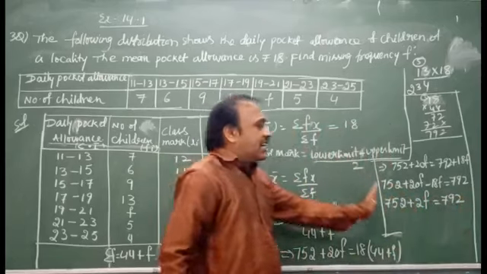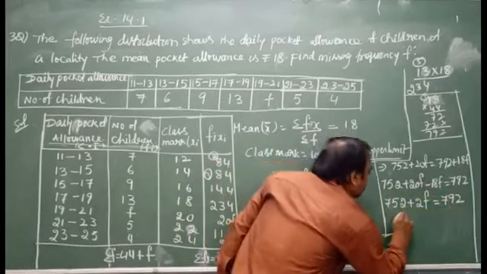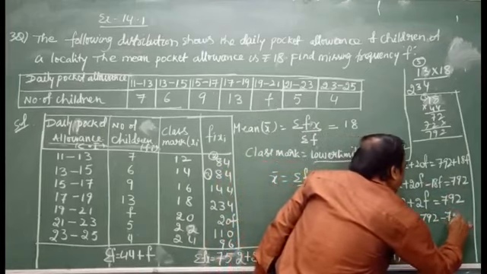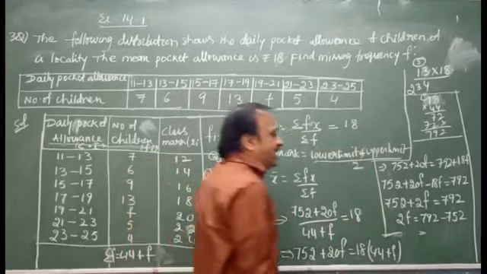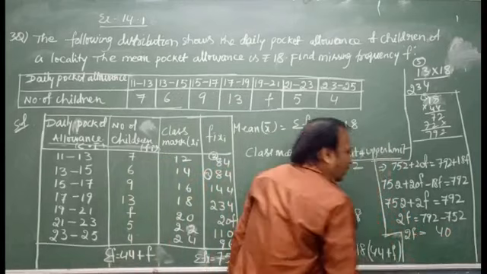Now transpose the constant value towards the RHS. 2f is equal to 792 minus 752, which is 40. Then 2f is equal to 40.